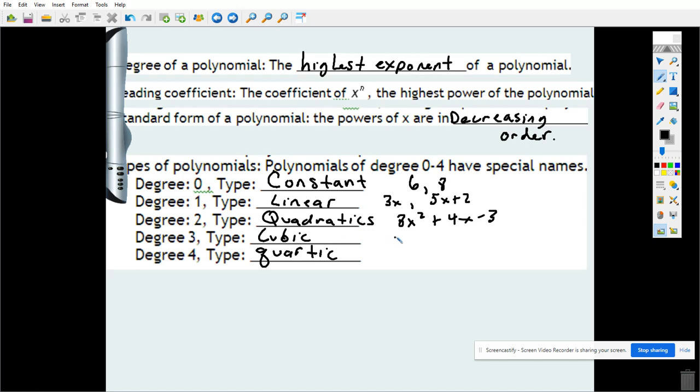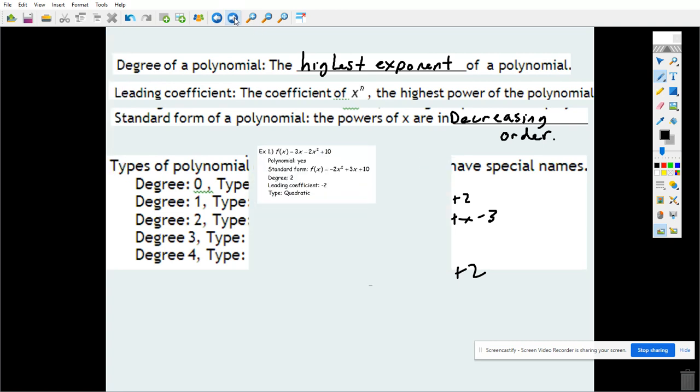A cubic would look like 3x cubed, and again, that could be a cubic polynomial, it just has one term. And a quartic is raised to the fourth power, so 5x to the fourth minus 3x squared plus 2. That would be a 3-term quartic. There's also a degree 5, which is quintic. We're not going to worry about that too much, but it is quintic for a 5th degree.